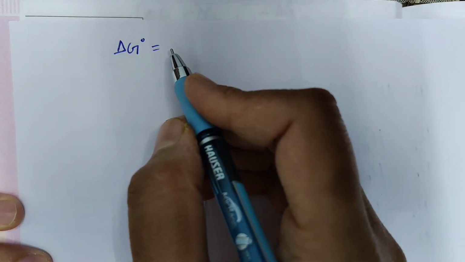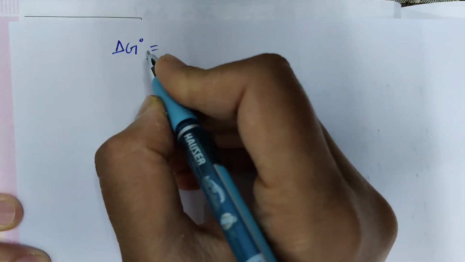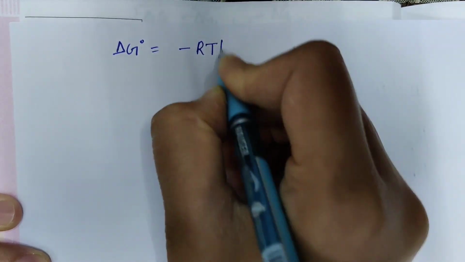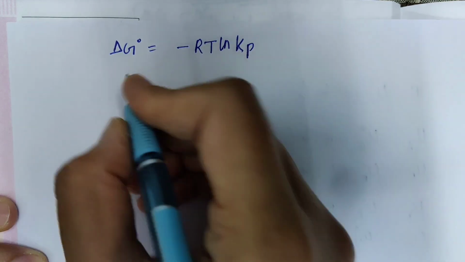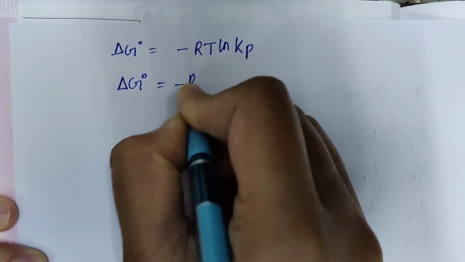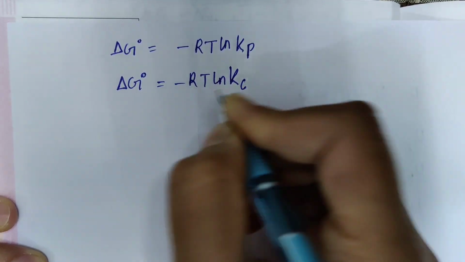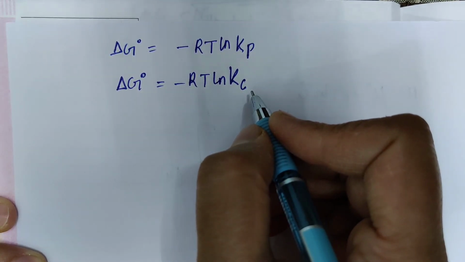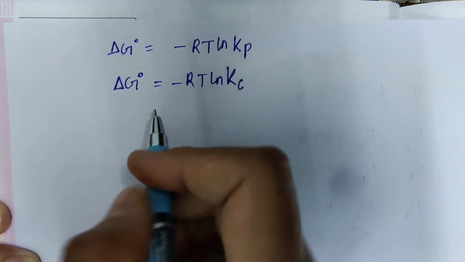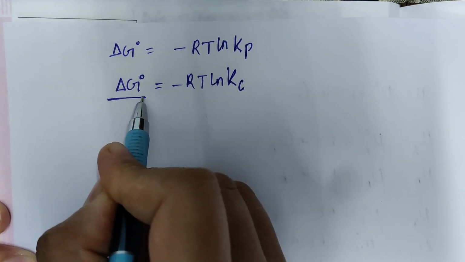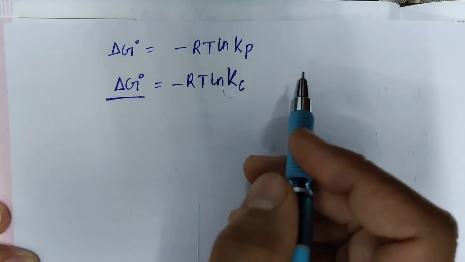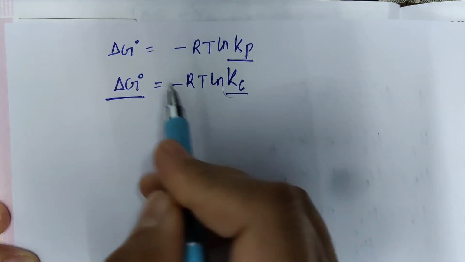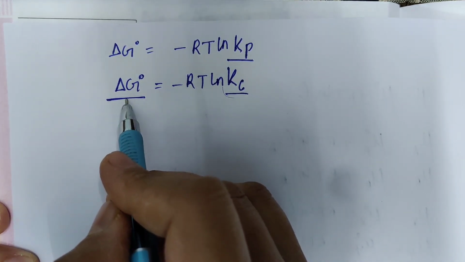The two relations we have established between equilibrium constant and Gibbs free energy are delta G naught is equal to minus RT ln Kp, the equilibrium constant in terms of partial pressure, or delta G naught is equal to minus RT ln Kc, the equilibrium constant in terms of concentration. So if we know the delta G naught value of any reaction, we can calculate the equilibrium constant, or if we know the equilibrium constants, we can find out the value of Gibbs free energy of that reaction.